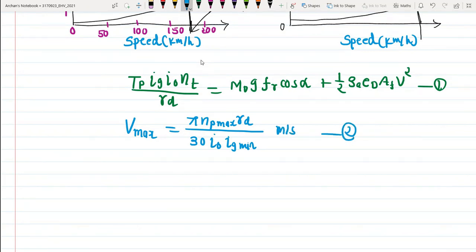Here np max and Ig min are the maximum speed of the engine and the minimum gear ratio of the transmission respectively. So this is the maximum speed of the vehicle.